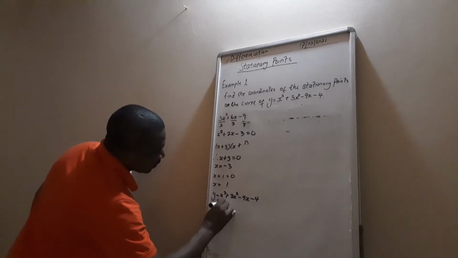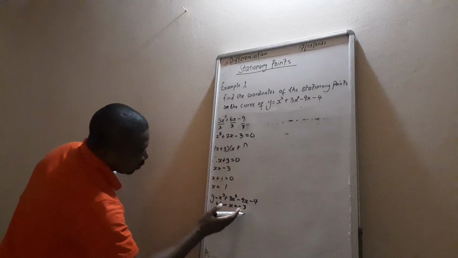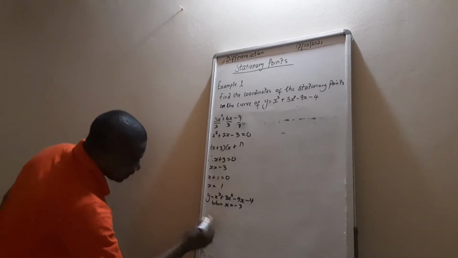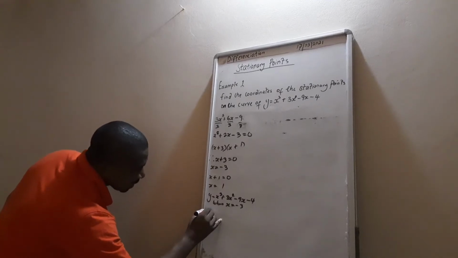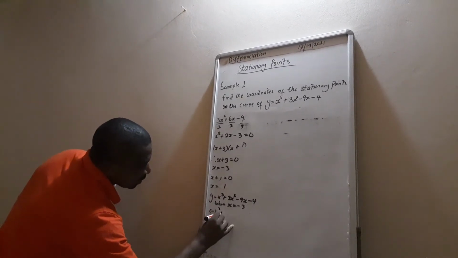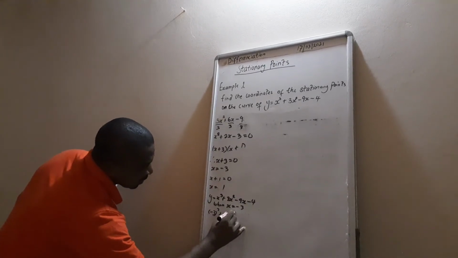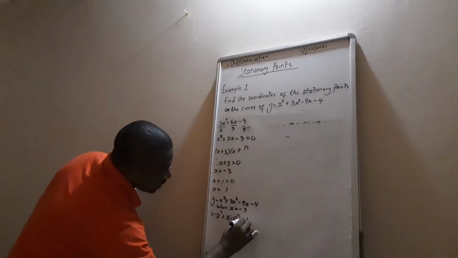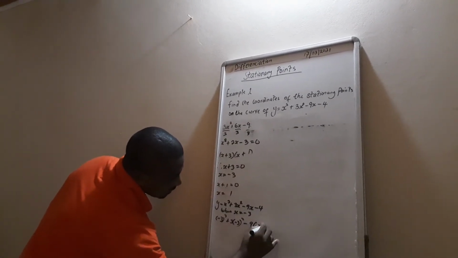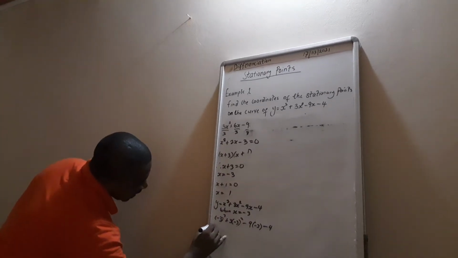When x is equal to minus 3, we substitute x with minus 3. That becomes negative 3 to the power 3 plus 3 times negative 3 to the power 2 minus 9 multiplied by negative 3 minus 4.